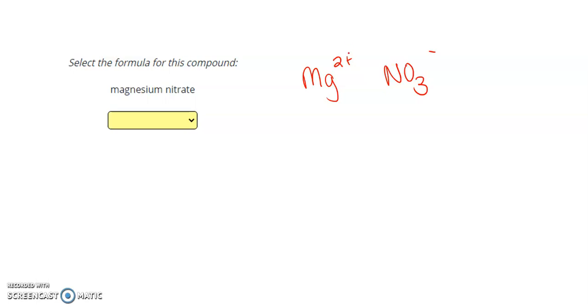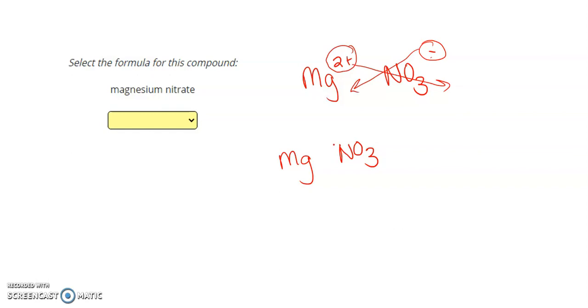So we're going to take this 2 from the 2+, drop it down here, negative, drop it down here. So we get Mg. Don't need to add a number because this was just negative. There was no number with it. Then we get NO3, but we need to add a 2 to the bottom. We don't want to just put a 2 here because that would make it 32, and there are not 32 oxygens for every one nitrogen atom.